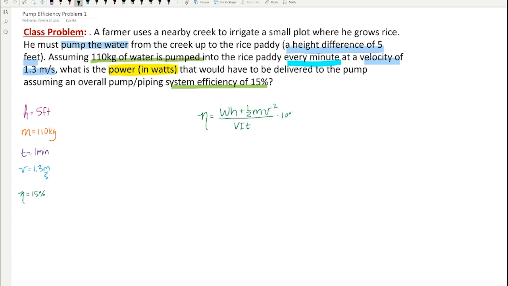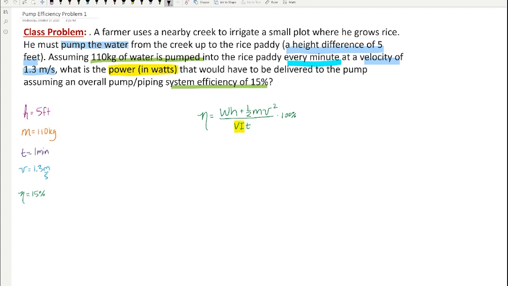Remember, your efficiency equation is weight times height plus 1/2 mass times velocity squared, which is your potential energy plus your kinetic energy, divided by your electrical energy input, which is voltage times current times time, times 100%. I know from when I learned about electrical power that the equation for power is V times I. So I know that the term V times I is what I'm trying to find for this problem.